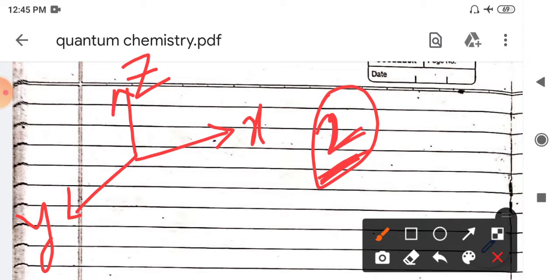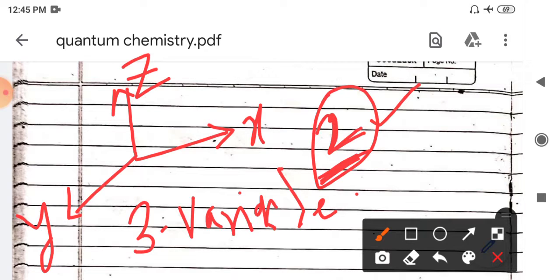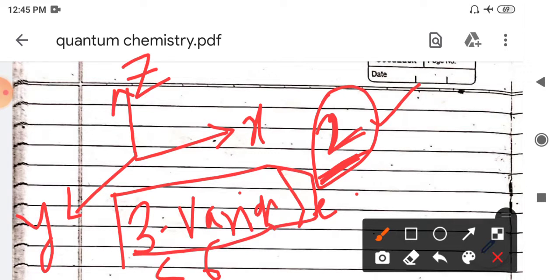For one particle we get three variables, and for two particles we get in total six variables. In order to solve these, we have to use various approximations and variable separation methods.